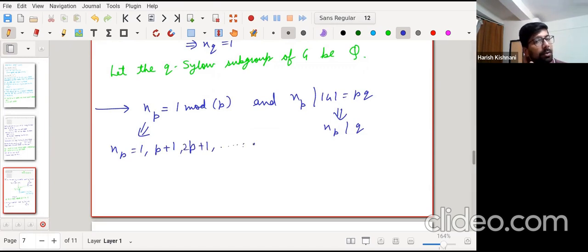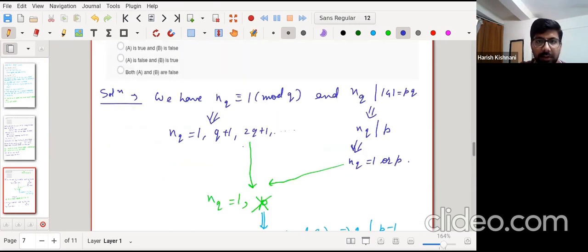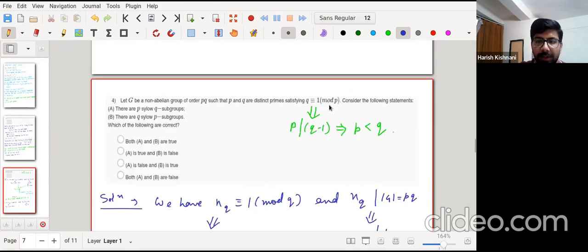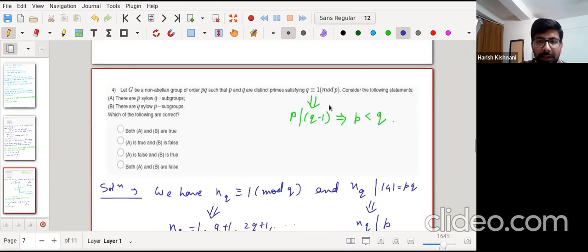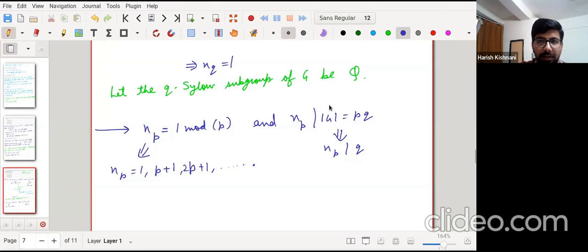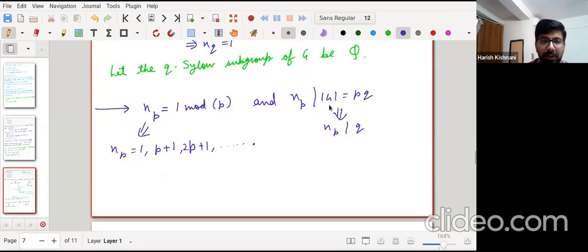But we have already seen that Q is congruent to 1 mod P. So Q will satisfy this and 1 will also satisfy. So here NP is 1 or Q. In addition, since Q is congruent to 1 mod P, this you are already given.